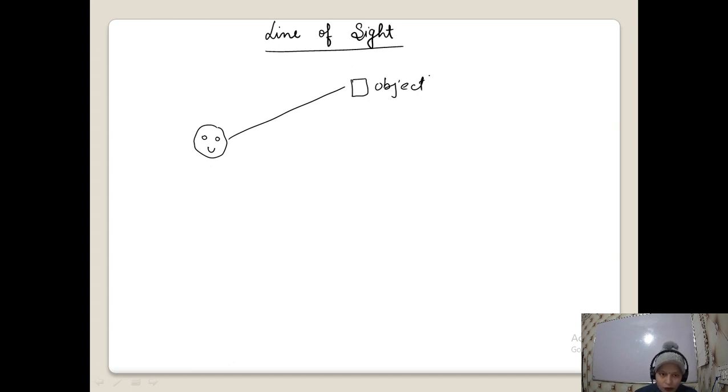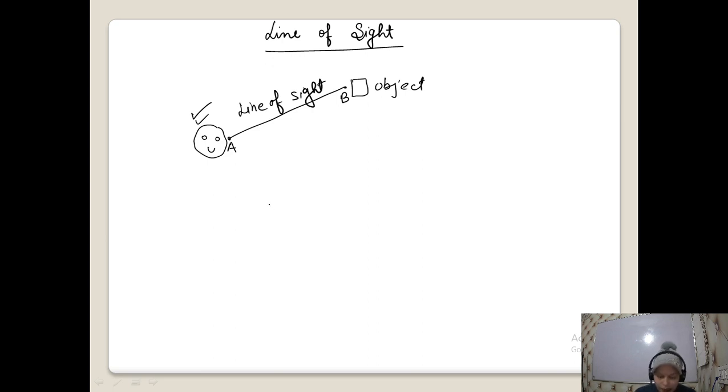When this observer looks from this point to this point, that straight line is known as line of sight. You can give it the name AB. AB is a line of sight.